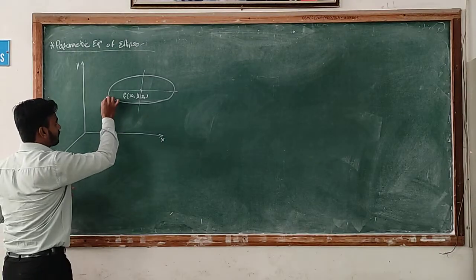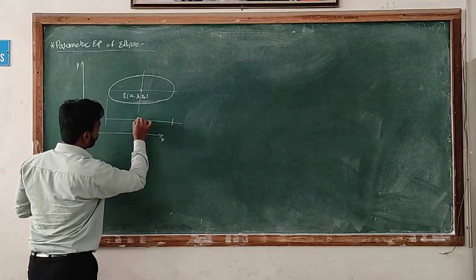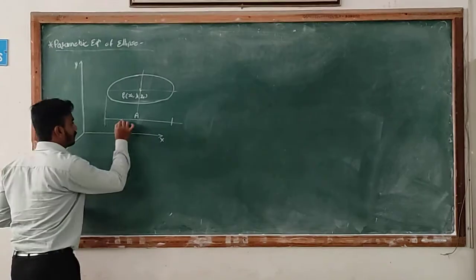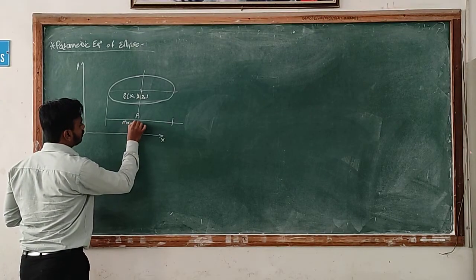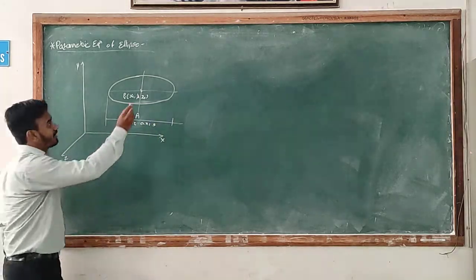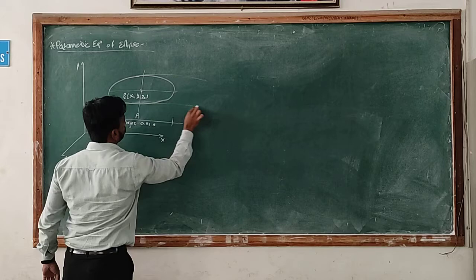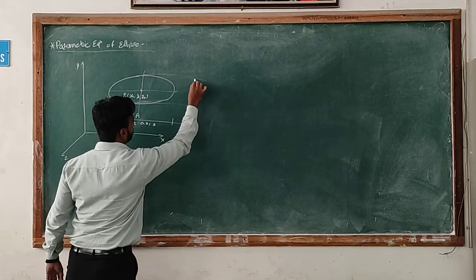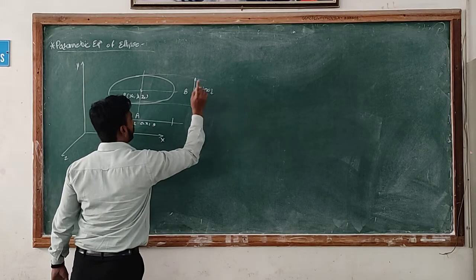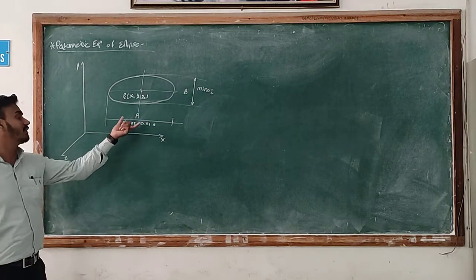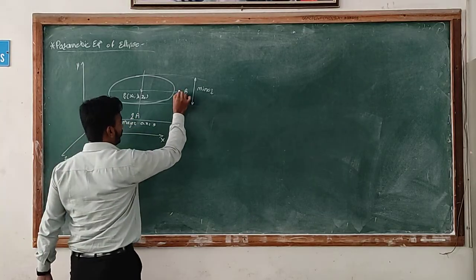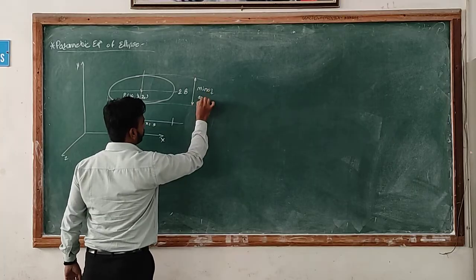Okay, so this total distance is 2A and is called the major axis of the ellipse, and this vertical total distance is 2B, the minor axis of the ellipse.